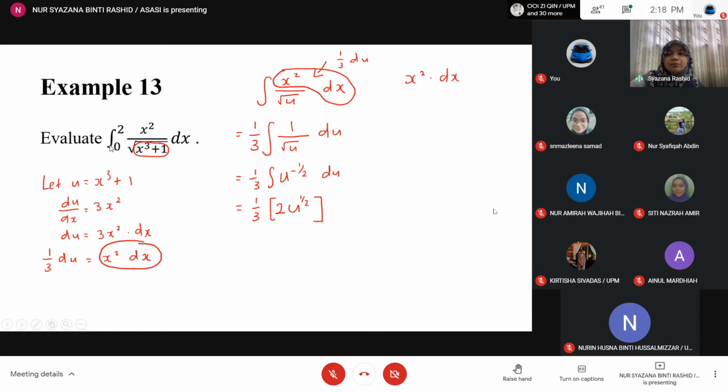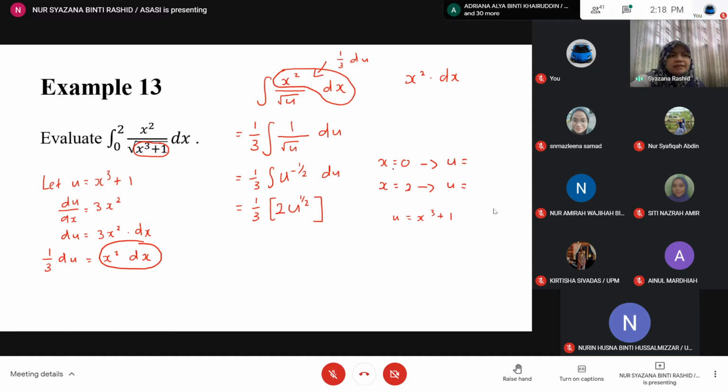So apa yang kita boleh buat? Kalau x kosong, kita kena fikirlah apa yang berlaku kepada u. Kalau x sama dengan 2, apa yang berlaku kepada u? So how do we change from x into u? Look back, this one, u equals x cubed plus 1.